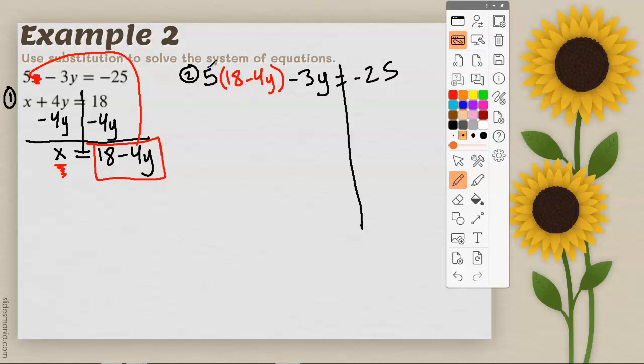You're going to take the number in front of the parenthesis and multiply. 5 times 18 is 90, so we are getting some big numbers, but that's okay. 5 times negative 4 is negative 20. We rewrite everything else.